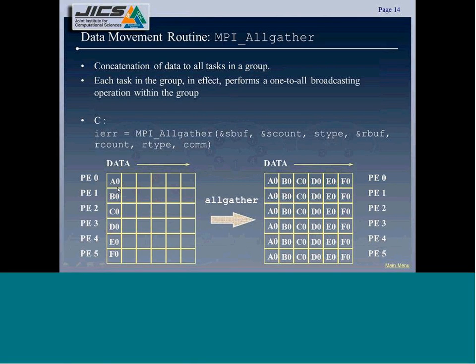So what it actually does is it gathers first, gathering all of the data on some process, and then broadcasts that data across all of the processes. So again, you can even mimic the behavior of allgather by using 2 functions, MPI gather and MPI broadcast.